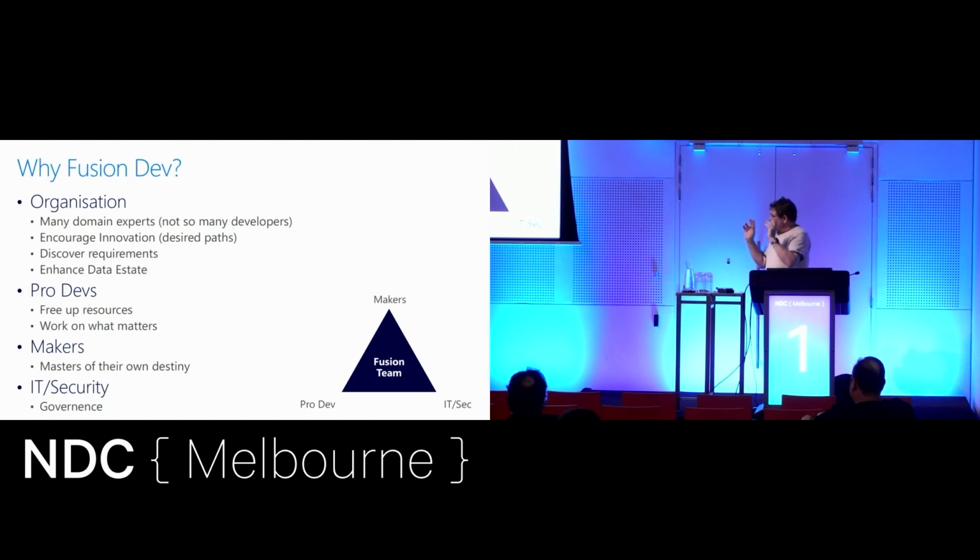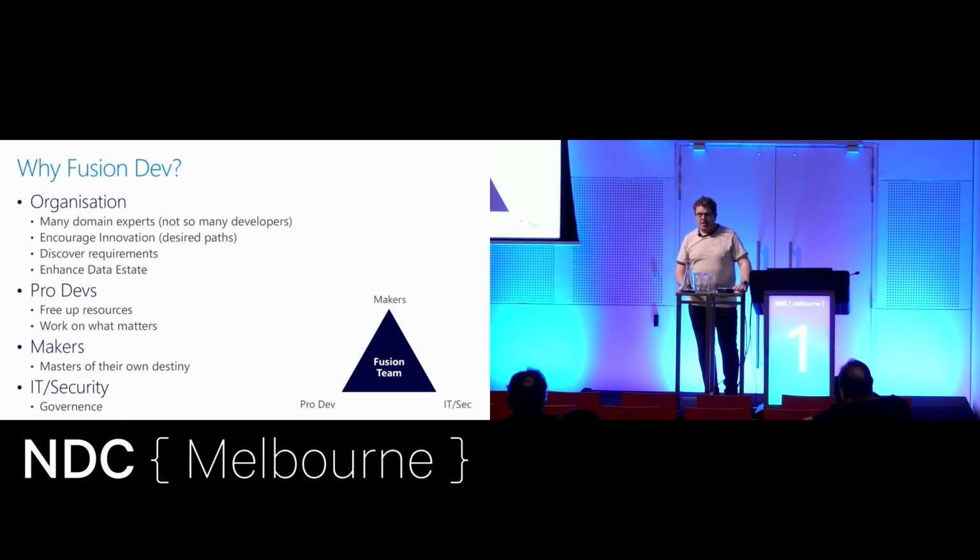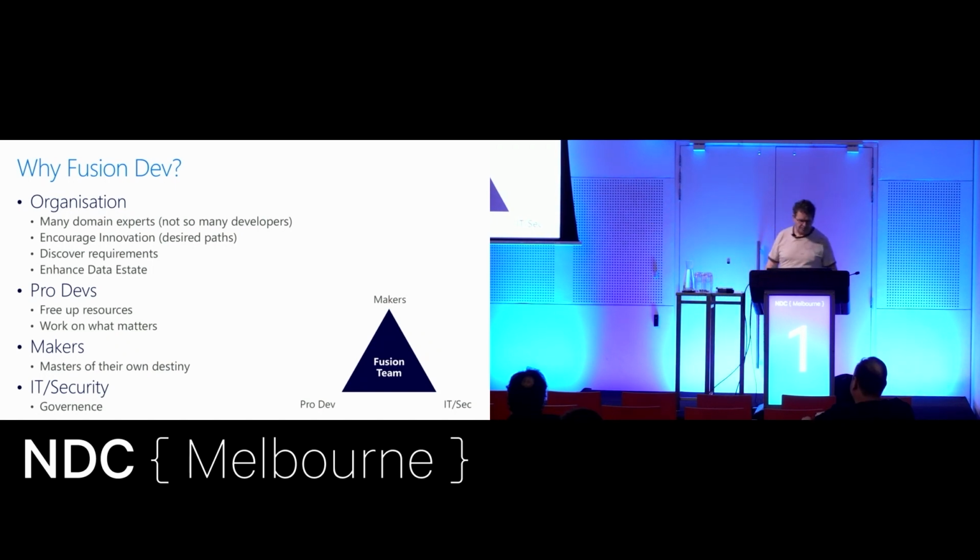Now, when I say work on what matters, I think it's really important to emphasise that the stuff the makers do matters. But when I'm talking about working on what matters for pro devs, I'm talking about being able to build the infrastructure that allows the business to run and allows the makers to do their thing. And of course, as makers, they feel like they're masters of their own destiny.